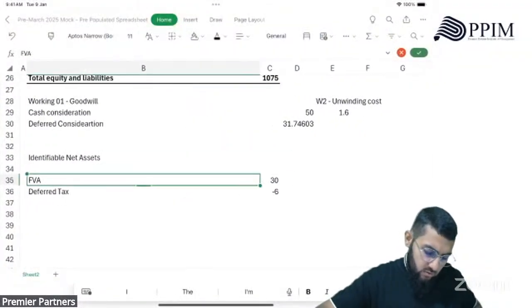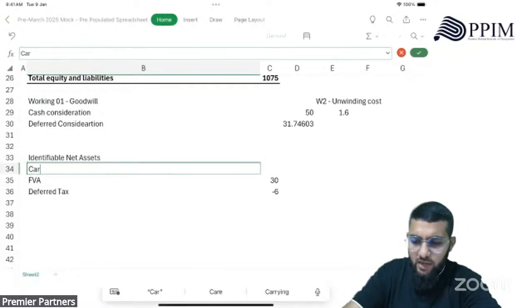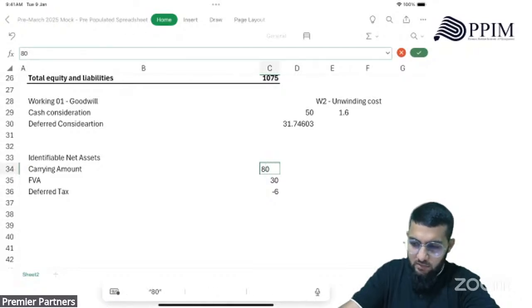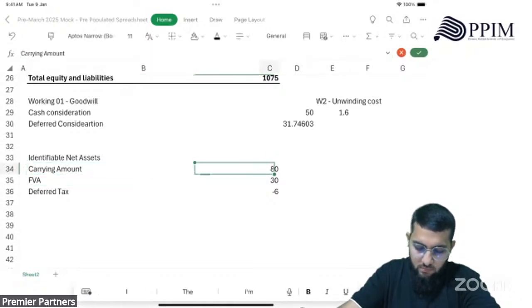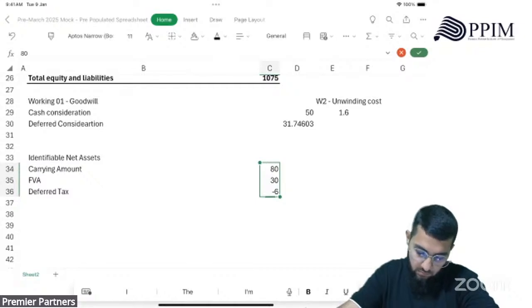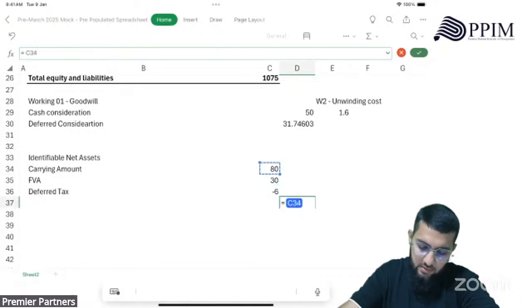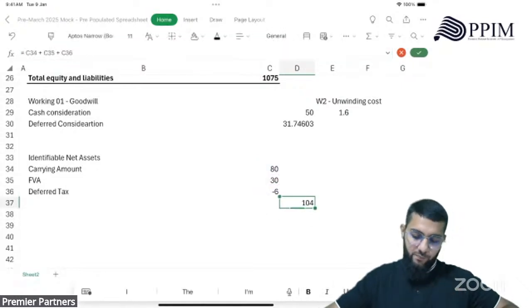So let's go and quickly record the carrying amount of the identifiable net assets. Carrying amount was 80. Right. So that gives us our identifiable net assets plus 104. 104.